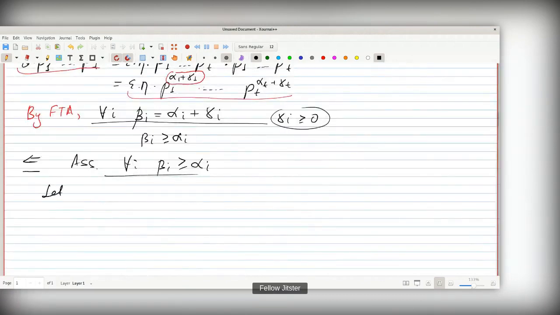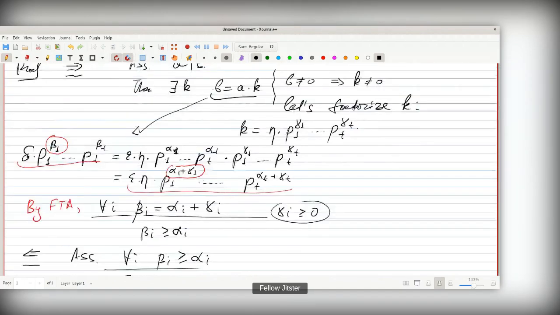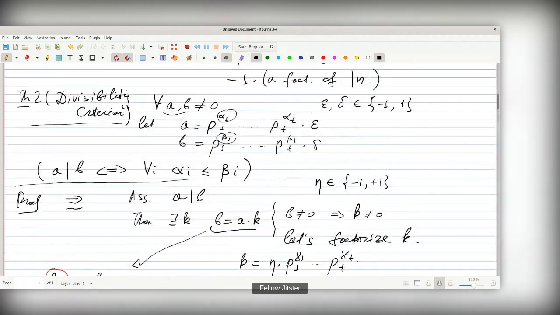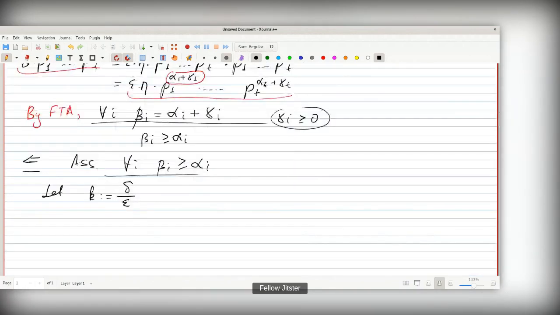Let us consider the following number k. We take delta divided by epsilon. You know, delta and epsilon are either 1 or minus 1. You can freely divide or multiply them by each other.